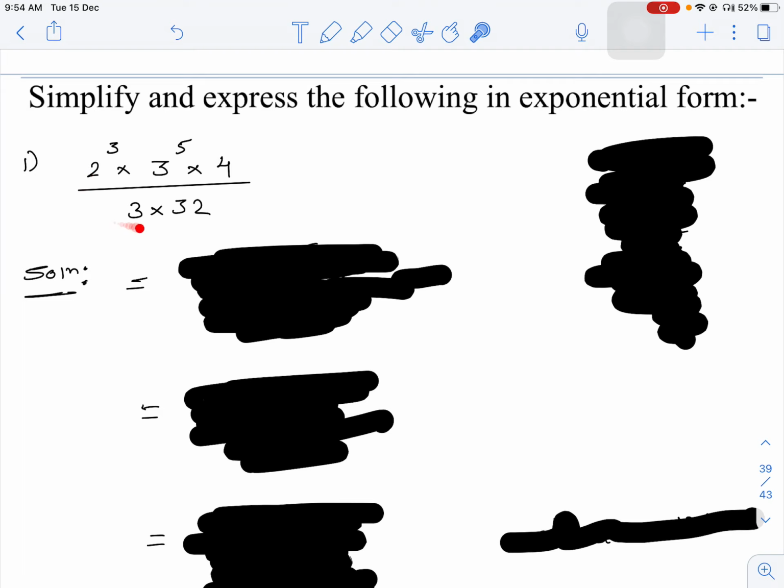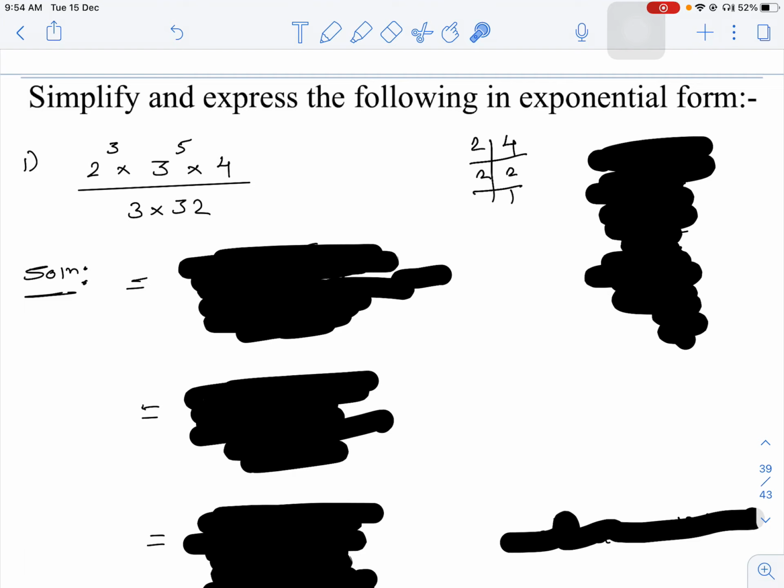Now, if you want to simplify and express in exponential form, first the numbers which are not in exponential form must be written in exponential form. For example, 4 can be written as 2 into 2, that is 2 raised to 2.